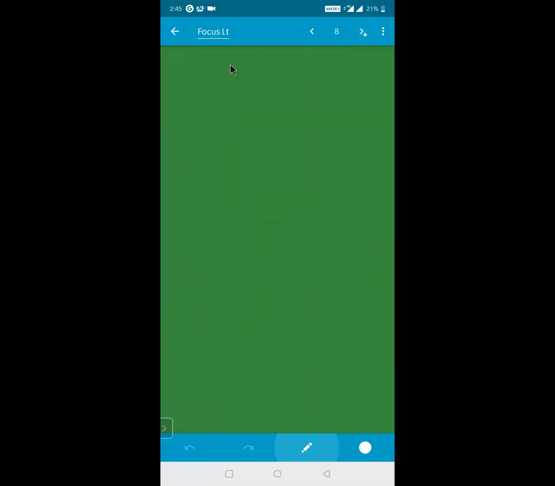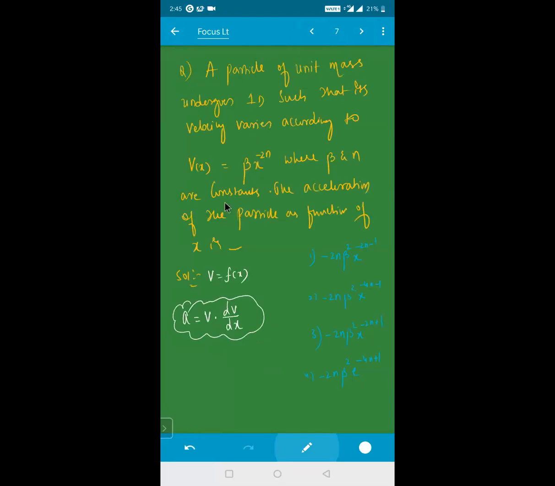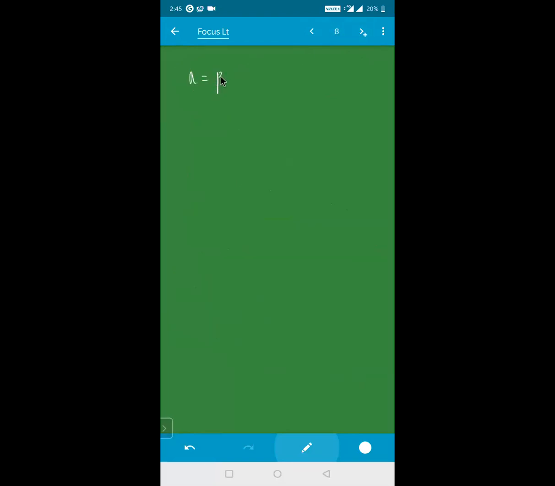So acceleration a is equal to velocity, which is beta x to the power of minus 2n, into the differentiation d by dx of velocity. Velocity is beta x to the power of minus 2n.